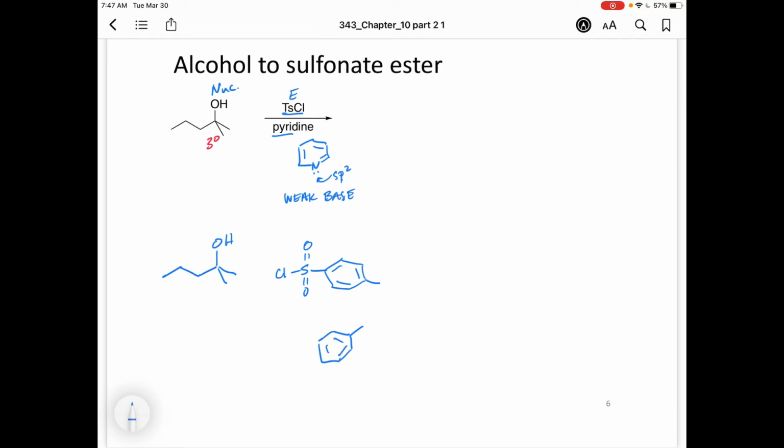You don't have to draw this part, but toluene is benzene with a methyl, so this is toluene. Then tosyl chloride has that TO from toluene, and then the chloride is here. It's also a sulfonate ester, which is where the S comes in.